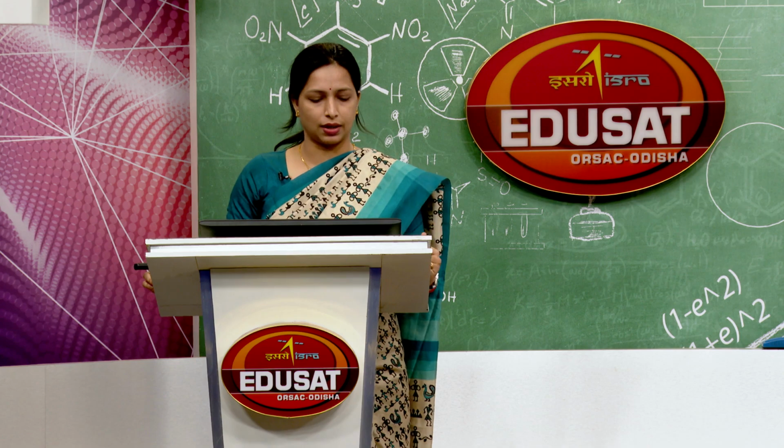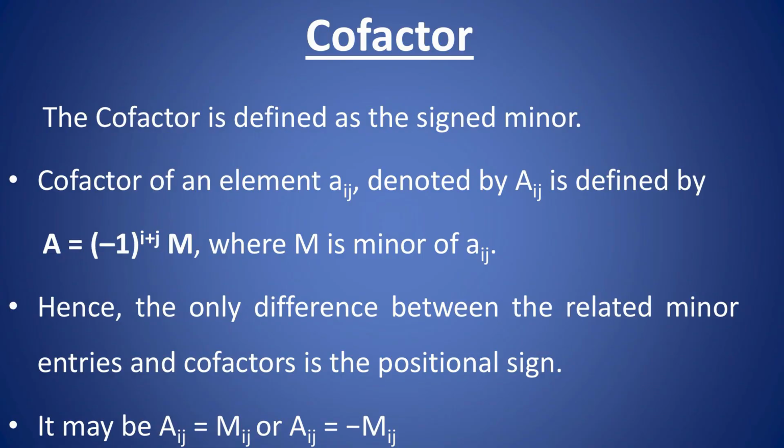Now, let us take a look at the slide again. The cofactor of an element a i j is denoted by capital A i j, which is defined by A equals minus 1 to the power i plus j into M. M means the minor. So, the sign and minor, that becomes the cofactor, right.